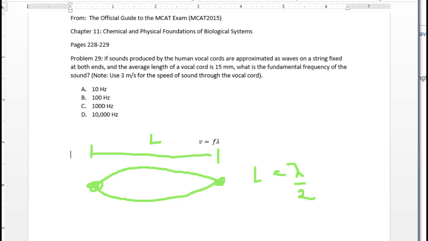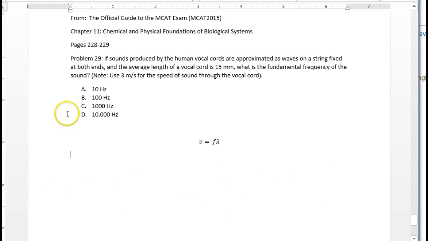The length is the wavelength divided by 2, because if you wanted a full wavelength, well, that's like that. Full wavelength is twice the length of the string. So if we stick that in, so that L equals lambda over 2 or lambda equals 2L, then the velocity is 2L times the frequency. And what they're asking for is the frequency.